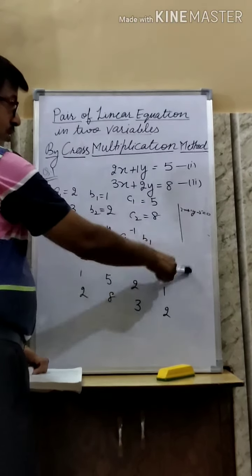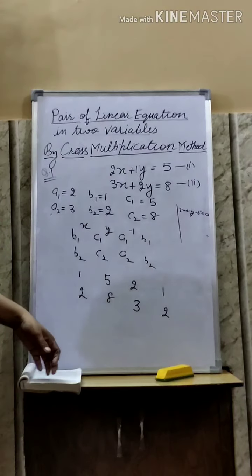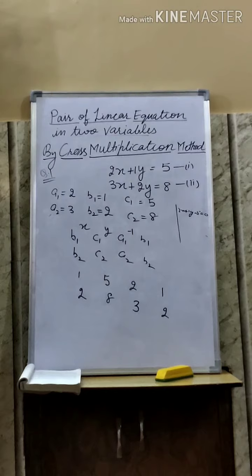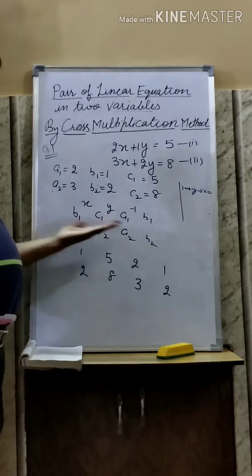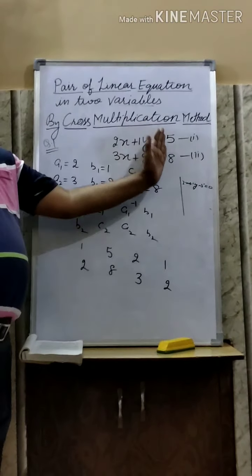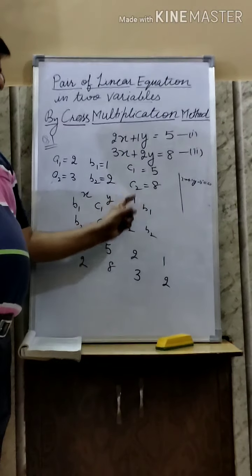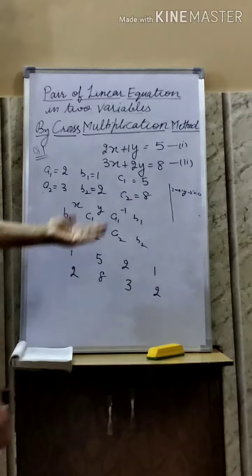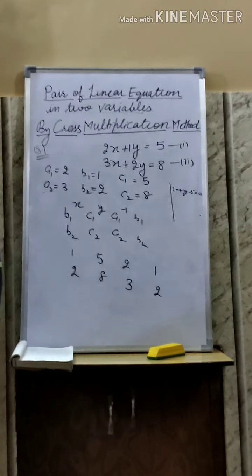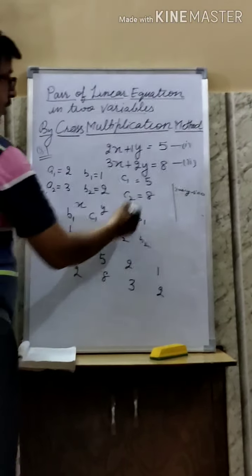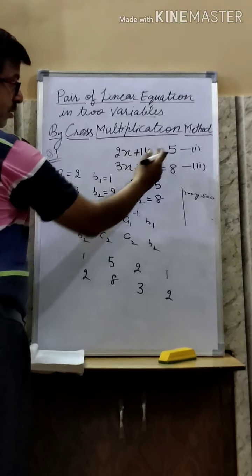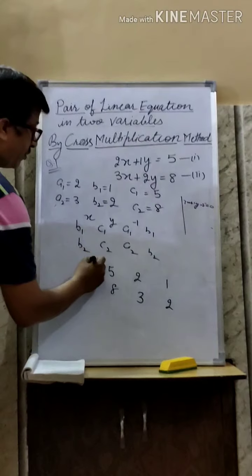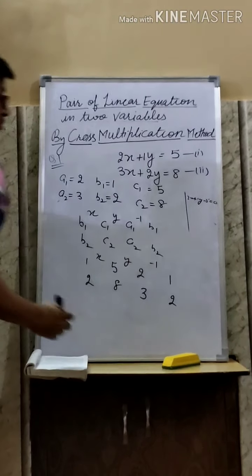Then in this way, if you take c1, c2, you will take plus 1 here for this cross multiplication method. So I think it is clear. If both c1, c2 are on the right hand side, then minus 1. If they are on the left hand side, then plus 1. So here x, y, minus 1.